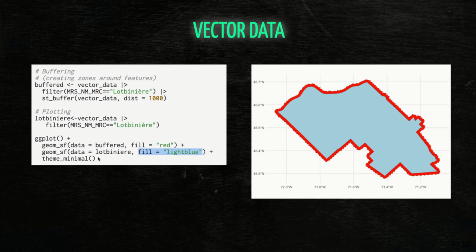Using theme_minimal allows me to simplify the axis here. So this is a good way to see that my red polygon, the one with a 1 kilometer buffer around its perimeter, is underneath the blue polygon, which is the one that we have in our shapefile.